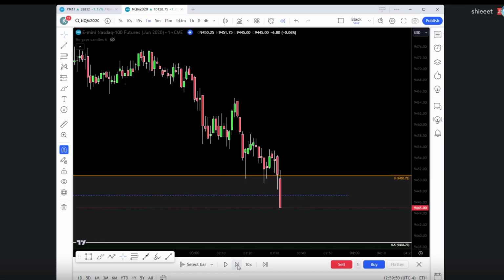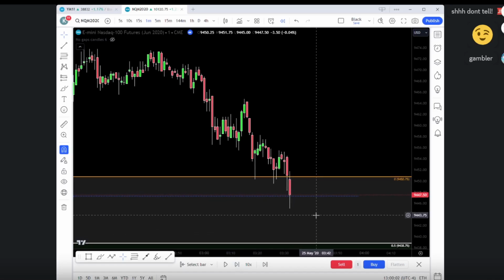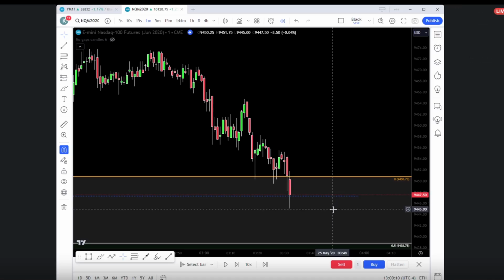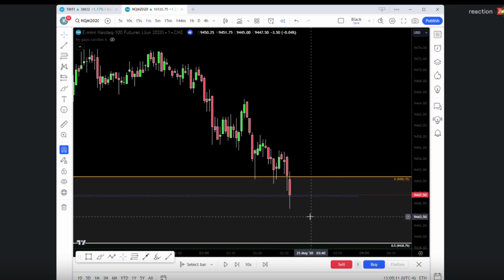Okay. And there goes our low. Right. Now, what do we want to see here other than just a sweep? And by the way, will a sweep here be a valid entry? Possibly, right?